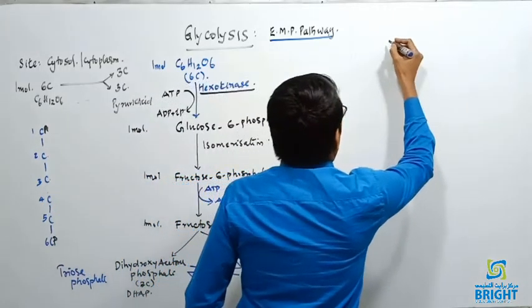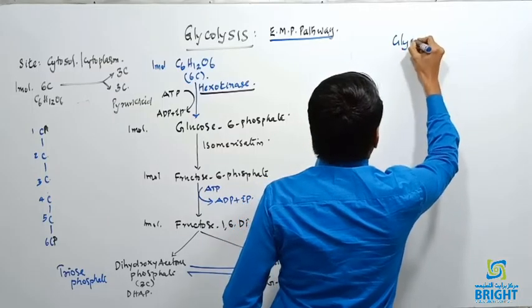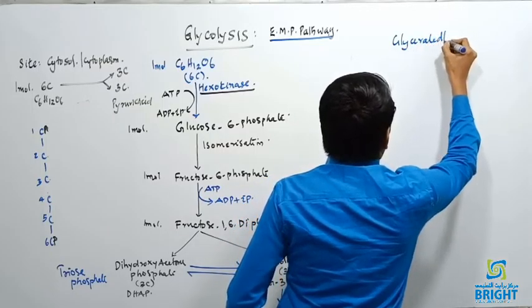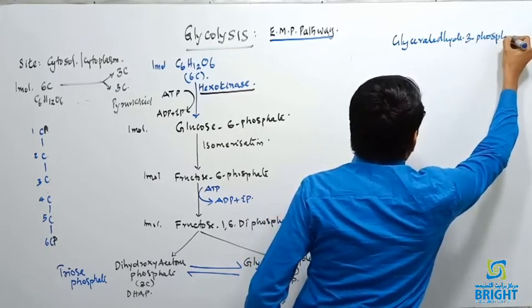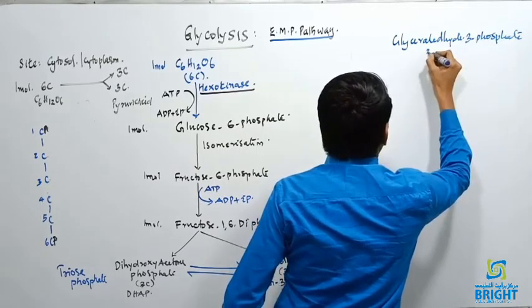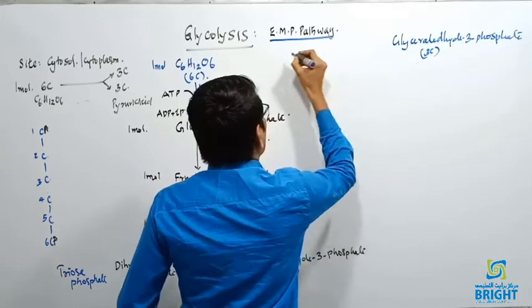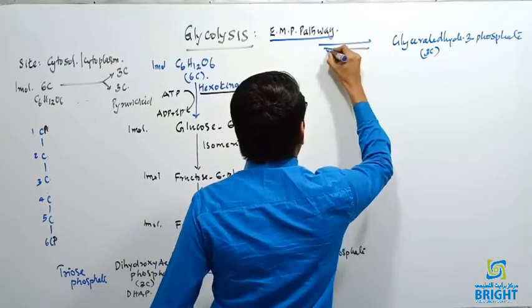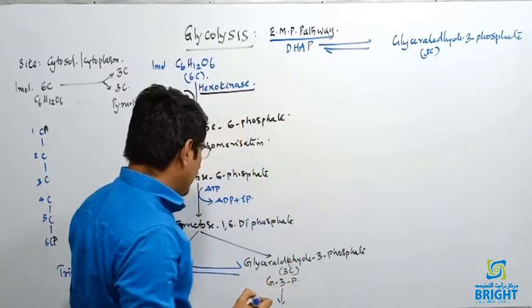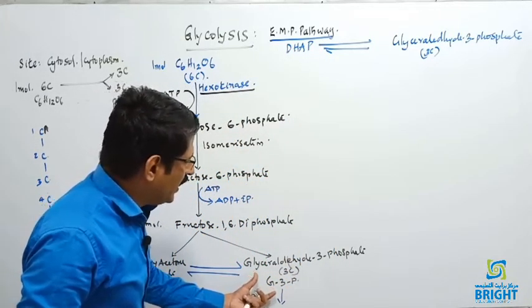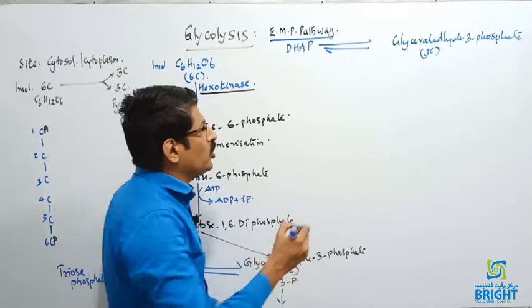So here we have glyceraldehyde 3-phosphate. It is a triose phosphate, a 3-carbon compound, and it is interconverted with dihydroxyacetone phosphate, and glyceraldehyde 3-phosphate will continue the process.